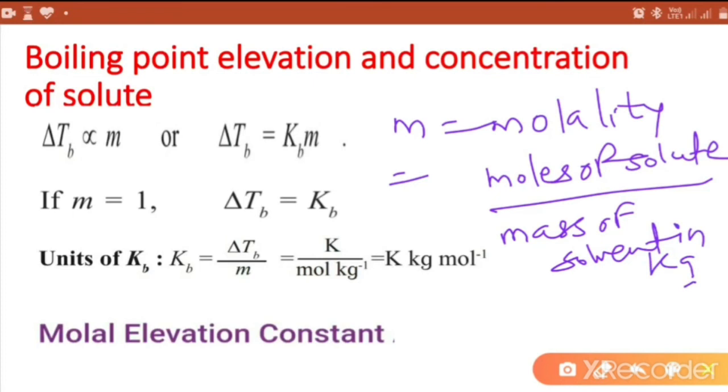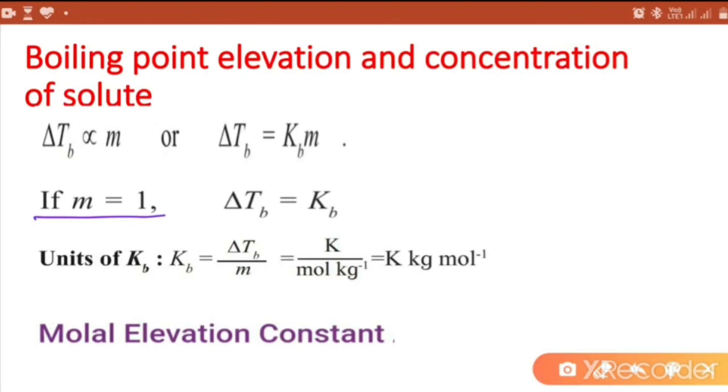If the value of small m is equal to 1, we get the equation delta TB is equal to Kb, and thus the ebullioscopic constant is the boiling point elevation produced by a 1 molal solution. The unit of Kb is delta TB divided by small m.